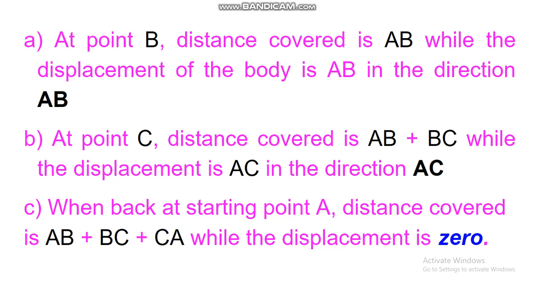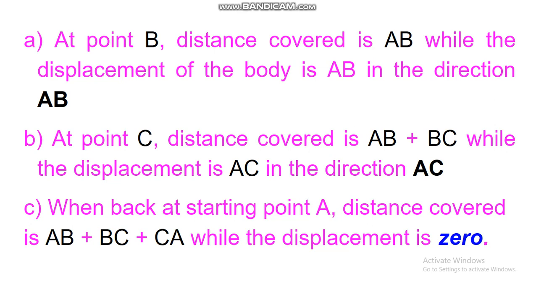When it's handwritten, normally they are written AB with a direction arrow on the top. We are saying the distance between A and B is AB. But displacement is AB in the direction bold AB.